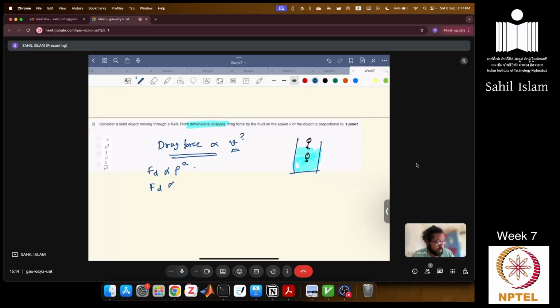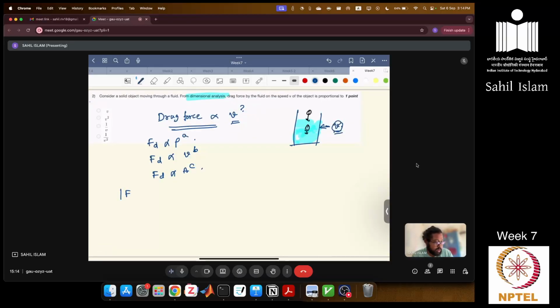Let's say the drag force depends on v to the power b, and another thing it can depend on is the contact area. The more or the less the contact area, the drag force should change. So area to the power c, let's say.